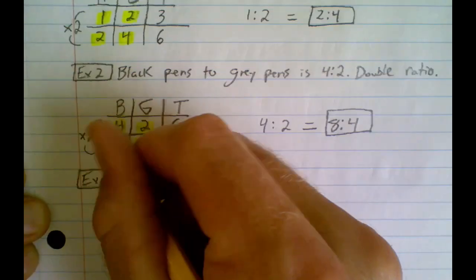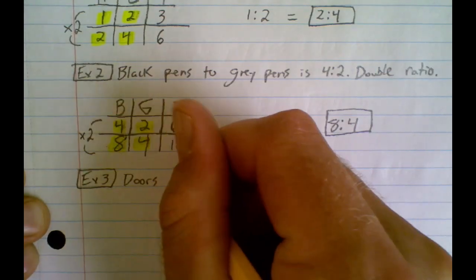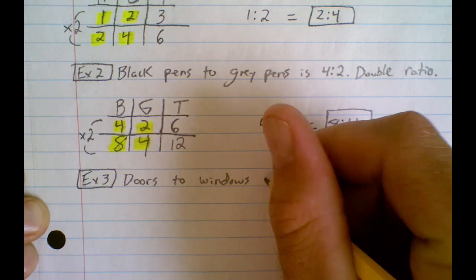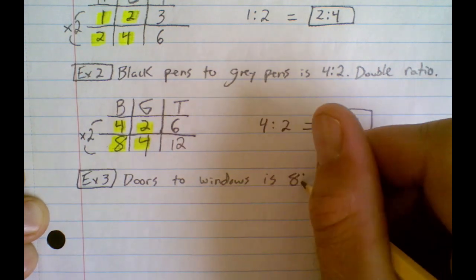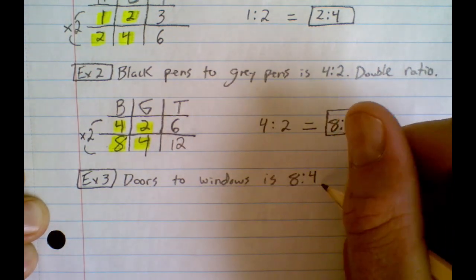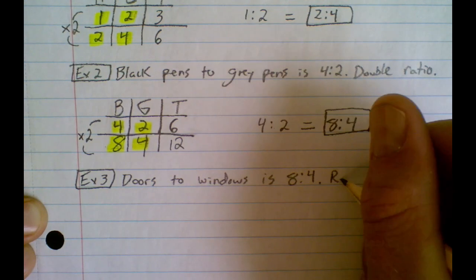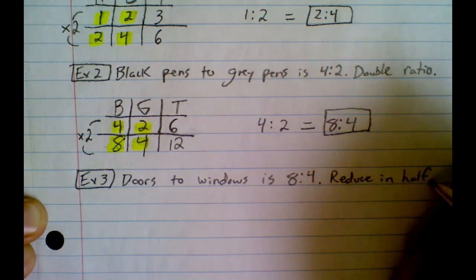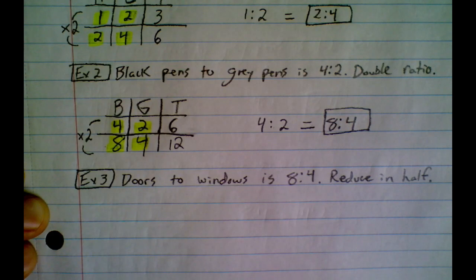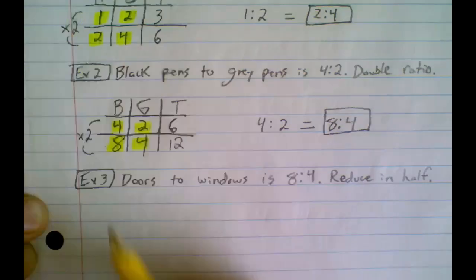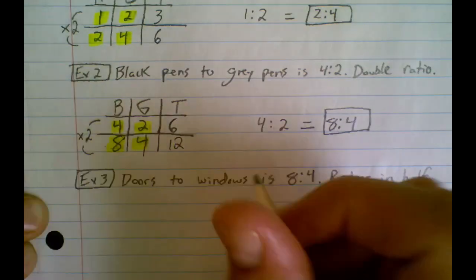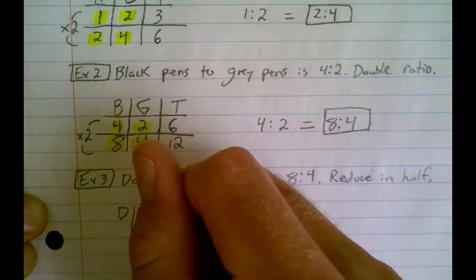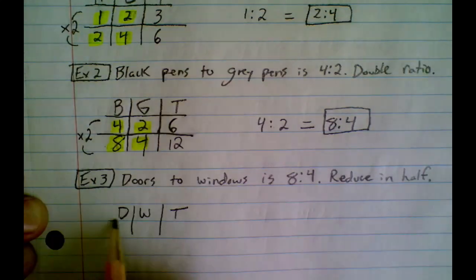This one says doors to windows is 8 to 4, and then it tells us to reduce in half. Start by creating your ratio table: D for doors, W for windows, and T for total.